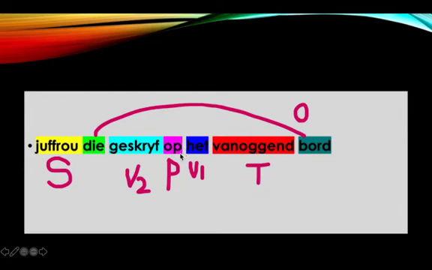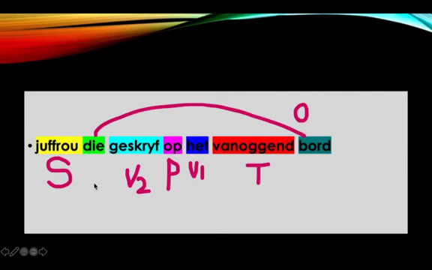Op, on. So that is a place where she wrote. She wrote on the board. That would be P. Het, we learned that in past tense, het replaces the verb and it becomes verb 1. And vanoggend, that is this morning. There is a time period in the day. So it would be T.